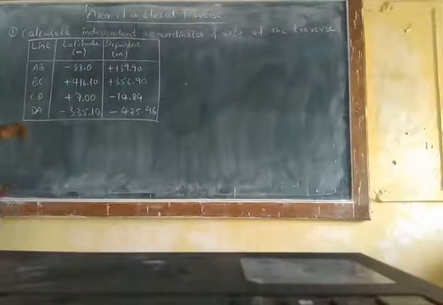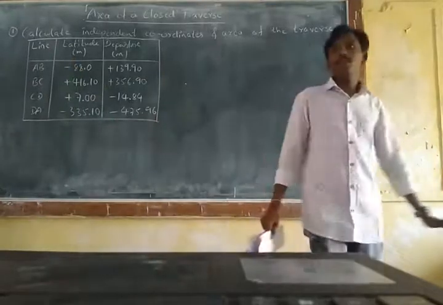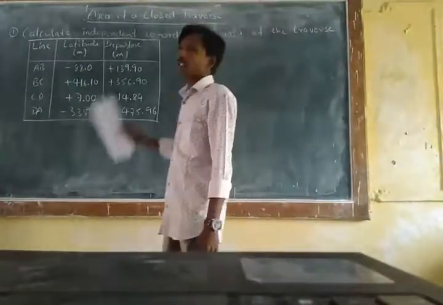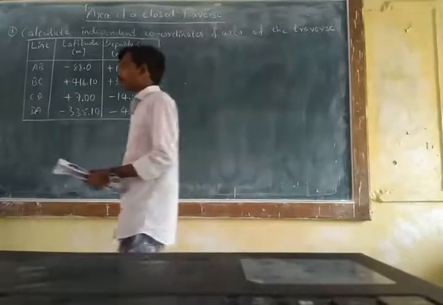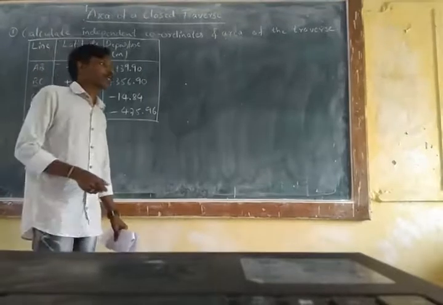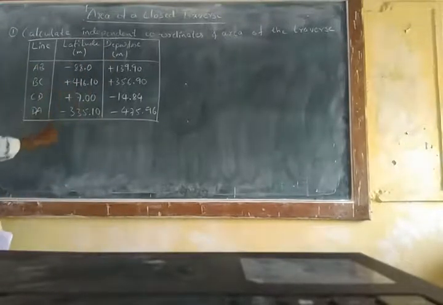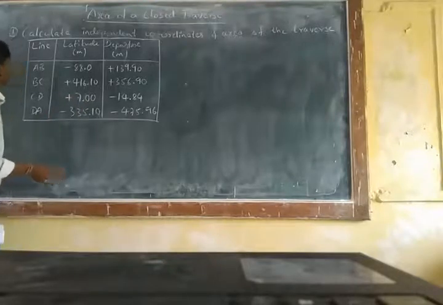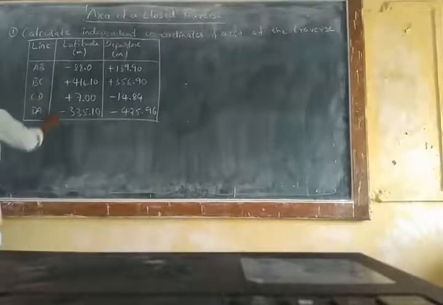So the first problem and the only problem I'm going to solve for the topic area of closed traverse. This topic is important because sometimes in the exam the problem may be asked. So the problem here is, look at here, there is a closed traverse ABCDA, which means AB, BC, CD and DA are the 4 traverse sides.